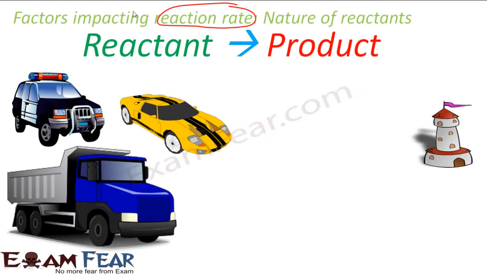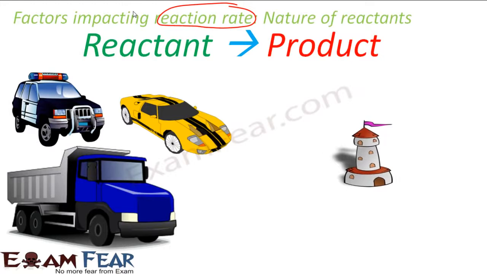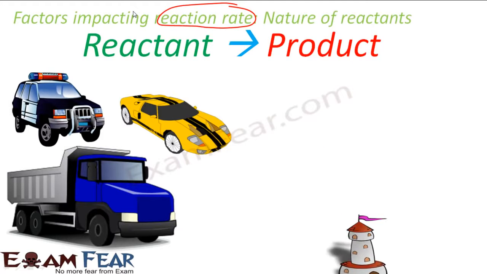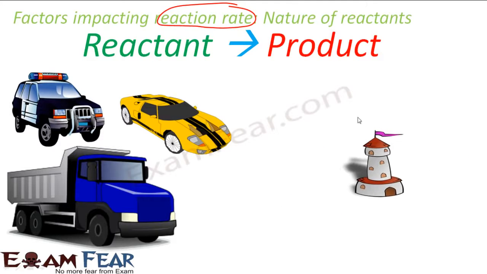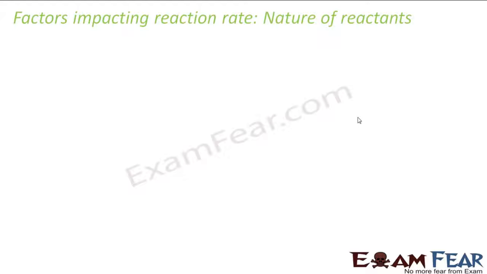Correct? So the first thing to determine the rate of reaction is the reactant, because reaction is nothing but the collision between the car and this target. For example, for a fast reaction, if you take NaOH and HCl, this is the base, this is acid, it's an acid-base reaction that will give NaCl and water. So a very, very fast reaction.